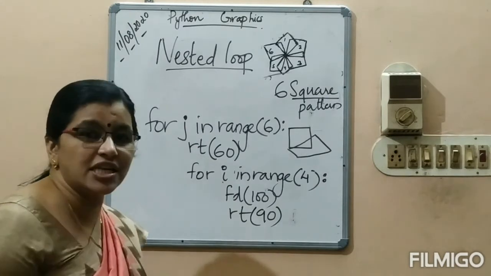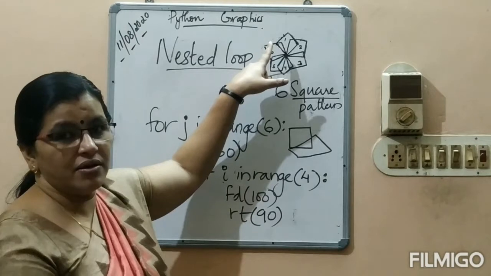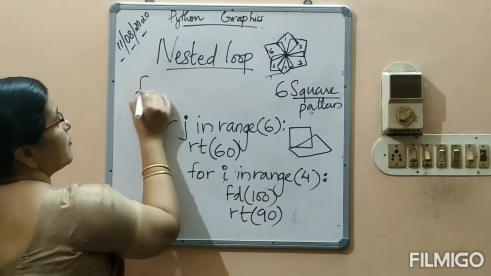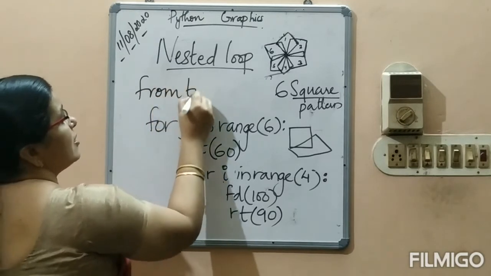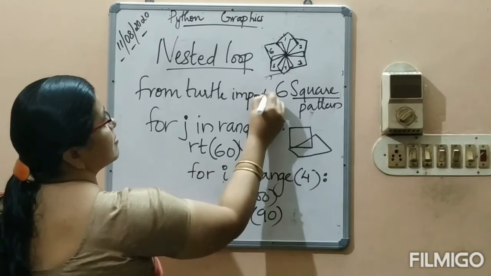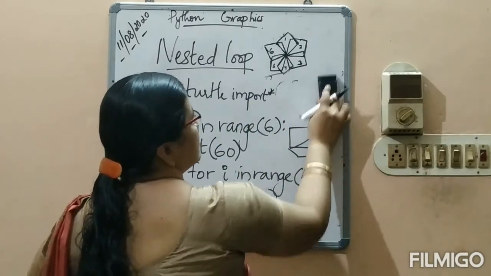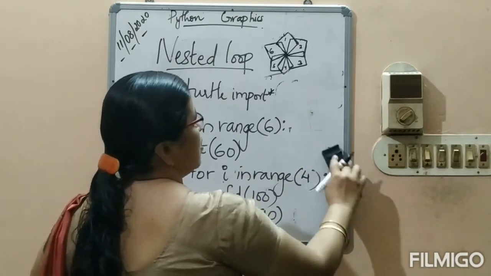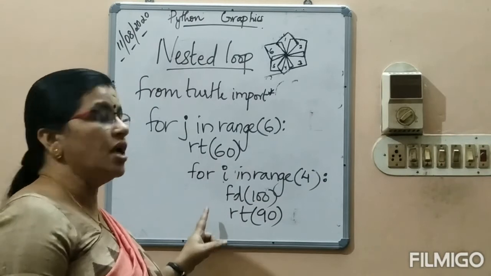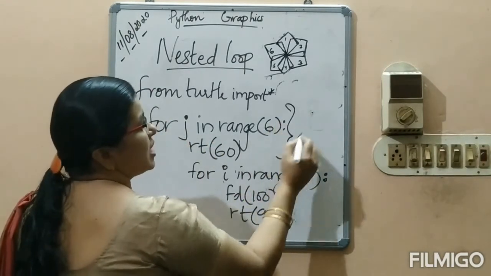Why are you using nested loop? Because we want to draw a pattern. Is it clear? What will be the first command to be written? From turtle import star. How many loops are there? 2 loops. What does the first loop indicate?